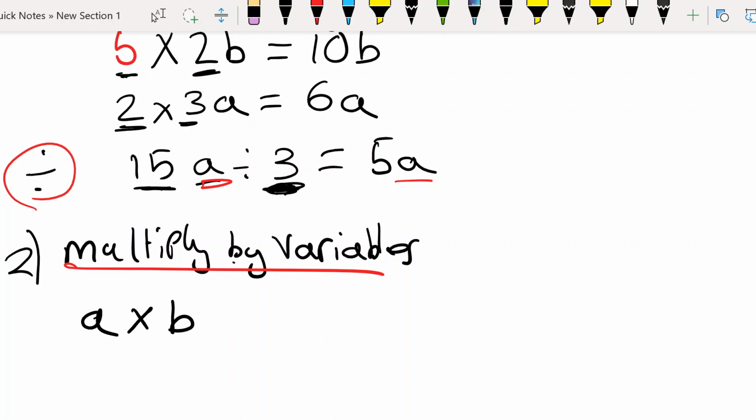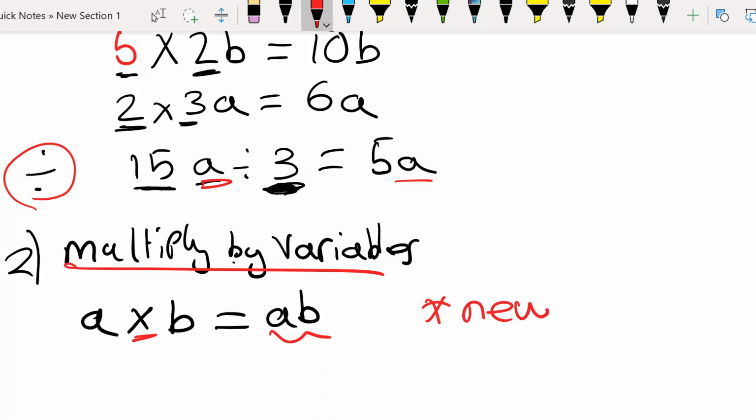So this multiplication sign vanishes, and I get AB. That's my new variable. This is not the same as A or B, so I can't add it to A or B. If I added A here, it doesn't mix. I'm just left with AB plus A.